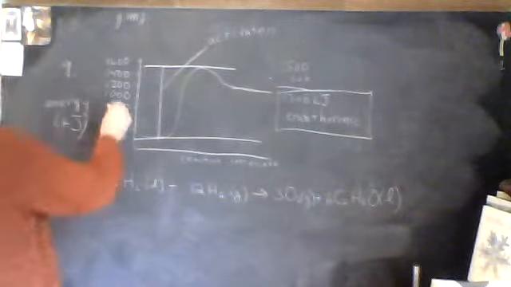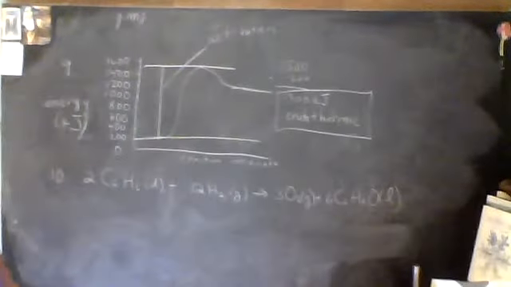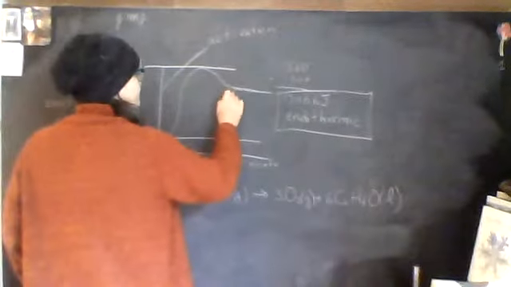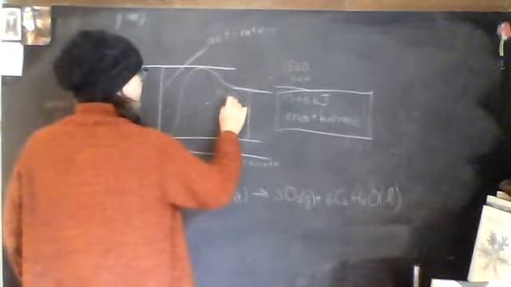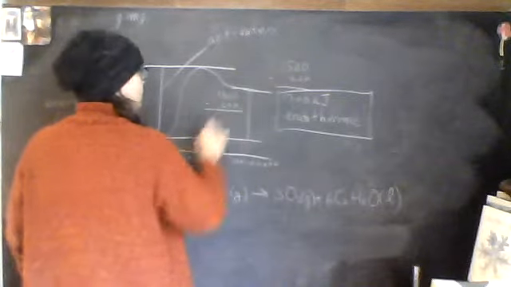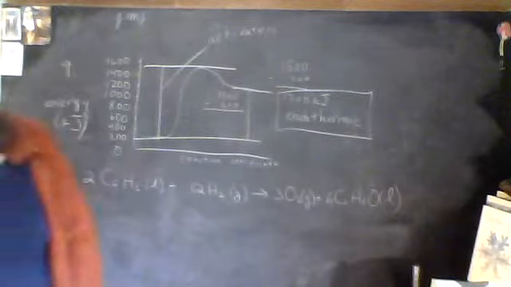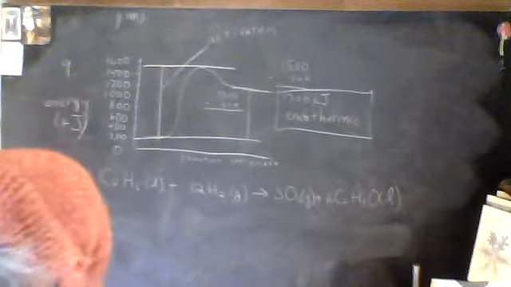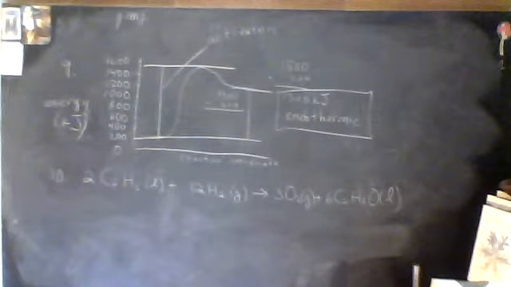Yep. So looking at the book, because it's better than my drawing, I think it's about 1,300. So the delta H is 200 then? No, not that. The delta H is the difference between the H of the products minus the H of the reactants.